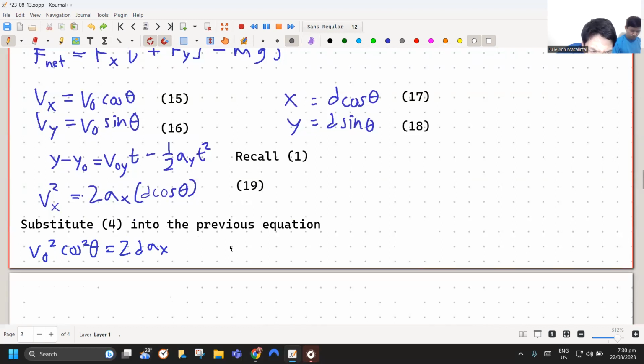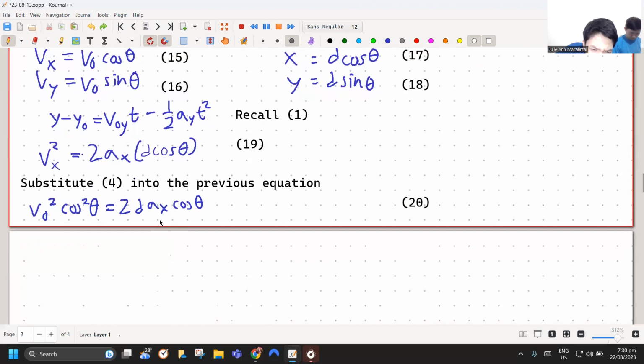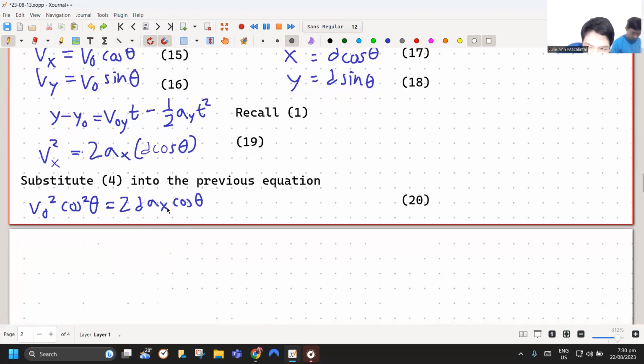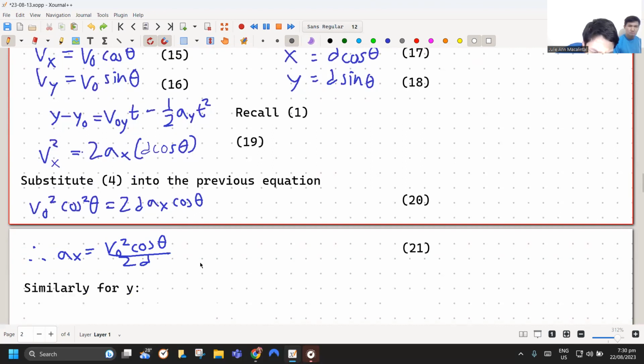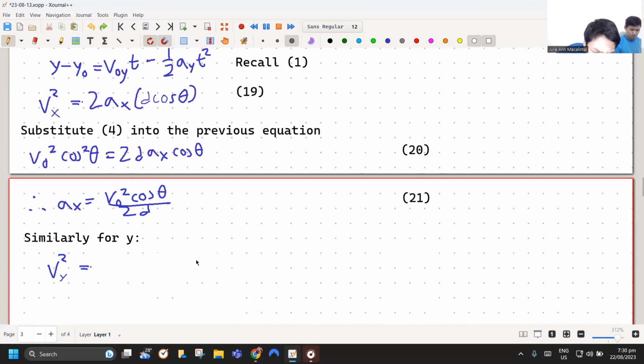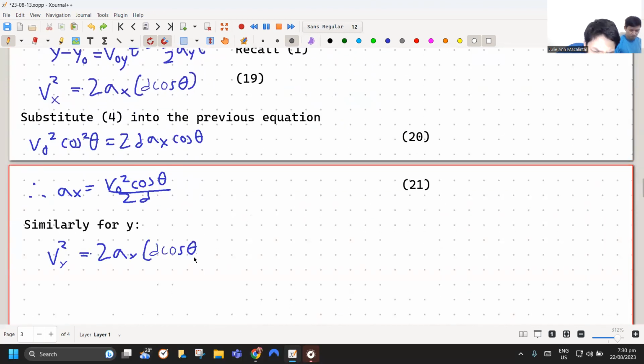Substituting 4 into the previous equation, we can expand Vx in terms of known variables, which is V0 and cosine theta. So now, we know everything except Ax. So now we can get Ax. First, I'm going to isolate it. And then for y, we can do the same thing because nothing changes.